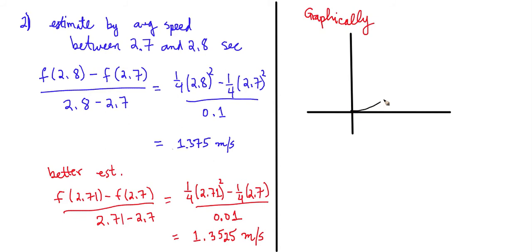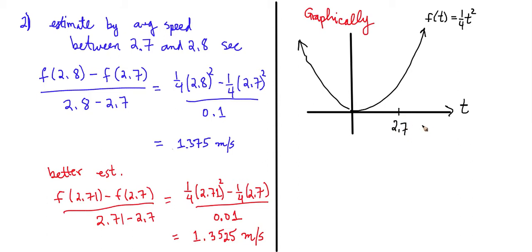So this curve here, f of t equals 1/4 t squared, and now there's a left side to this as well, but we don't particularly care too much because we're dealing with positive time only. And this is t, this is time, this horizontal direction. And let's say at this point 2.7 and 2.8, let's say this is not drawn to scale.